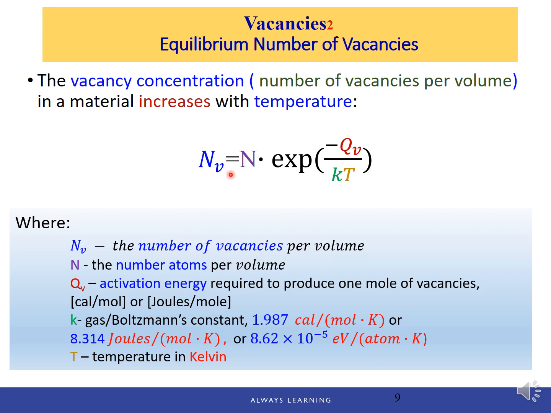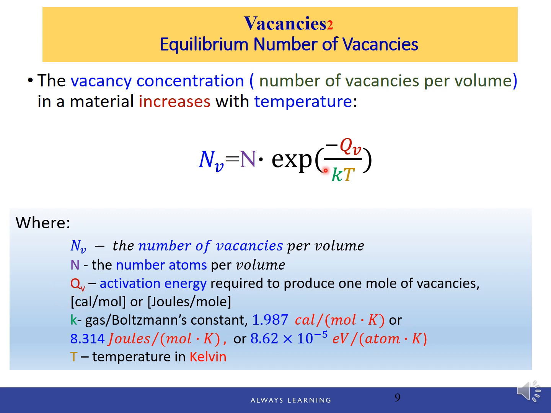It equals N, the number of atoms per volume, times e to the power of negative Q_V over kT. Q_V is the activation energy required to produce 1 mole of vacancies, with units of calories per mole or joules per mole, and this value can be calculated from experimental data.